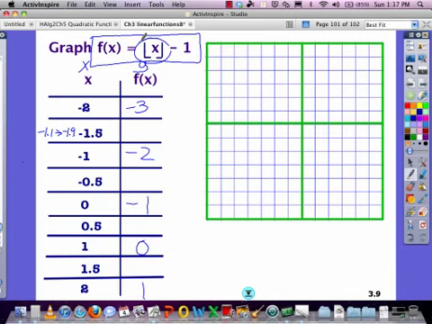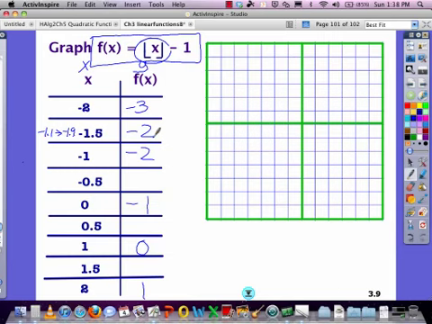Greatest integer function says round down, it goes to a negative 1. So even our negative 1.5 goes down to a negative 1. So if all of these numbers go to a negative 1, and then we subtract 1 from it, they're going to end up with the same value that that whole number, negative 1, did.